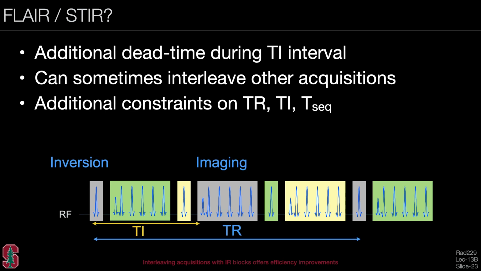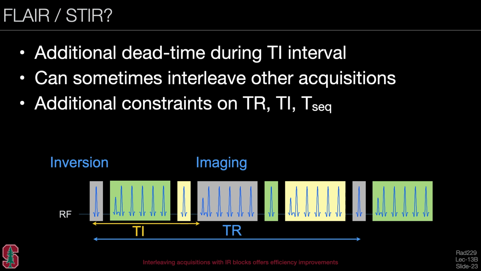Another interesting idea with interleaving is that of inversion recovery sequences such as FLAIR or STIR. Here you have an inversion time, TI, and this is dead time where we might not be doing anything. So what we might be able to do is interleave other acquisitions in this time. Now this does place additional constraints on the inversion time and the TR.